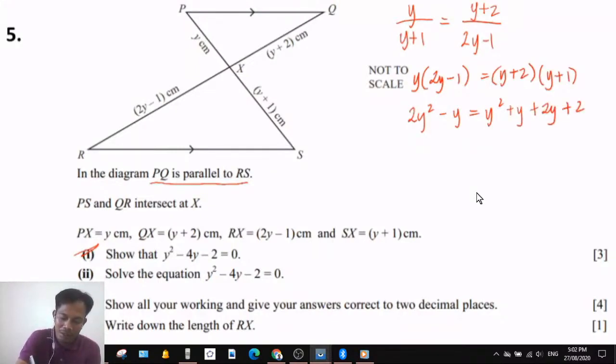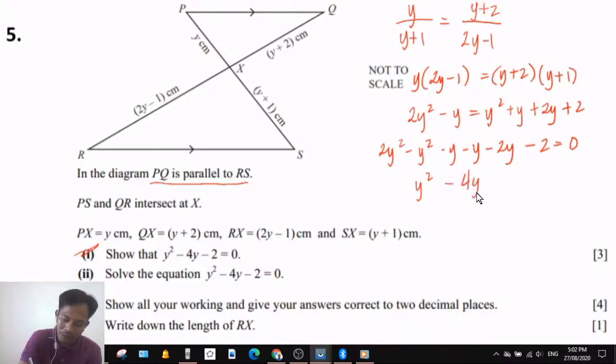I'll combine everything on the left side. 2y squared minus y squared minus y, then this minus y also, 2y will become negative 2y, then negative 2 is equal to 0. 2y squared minus y squared is y squared. Negative y minus 2y is negative 3y... negative y is negative y, minus y is negative 2y, minus 2y is negative 4y. Then minus 2 is equal to 0.